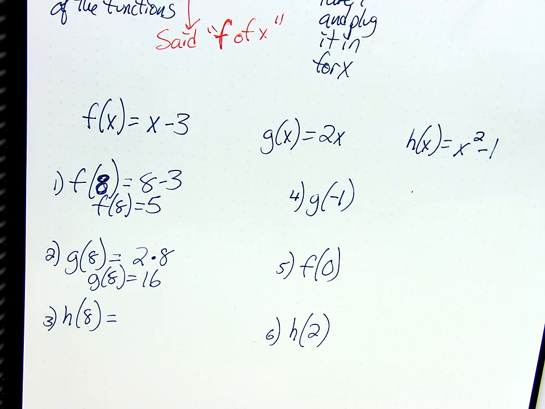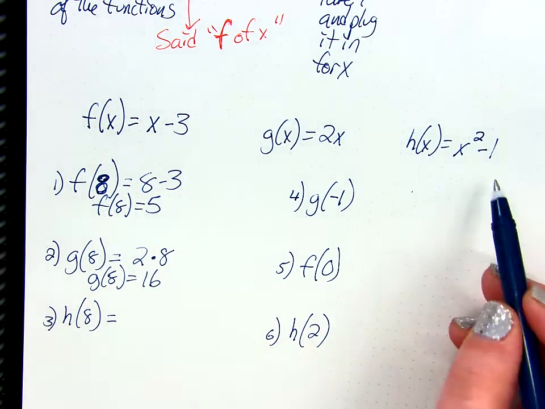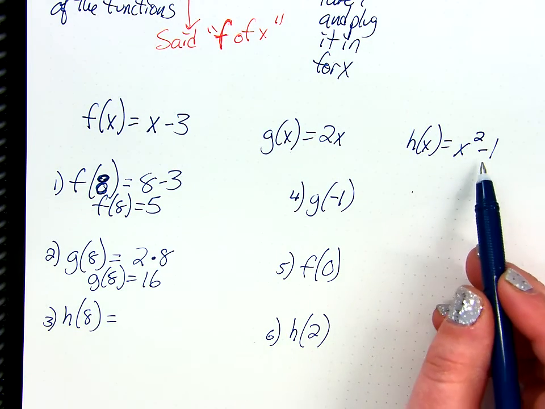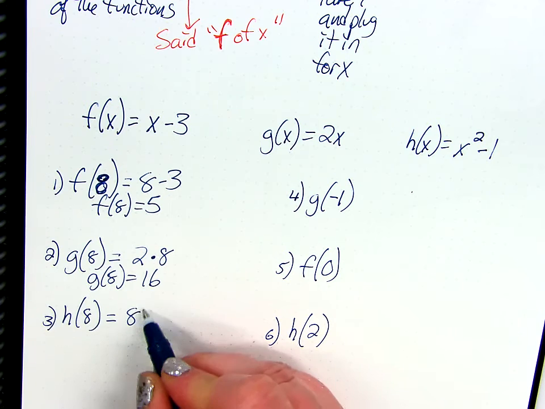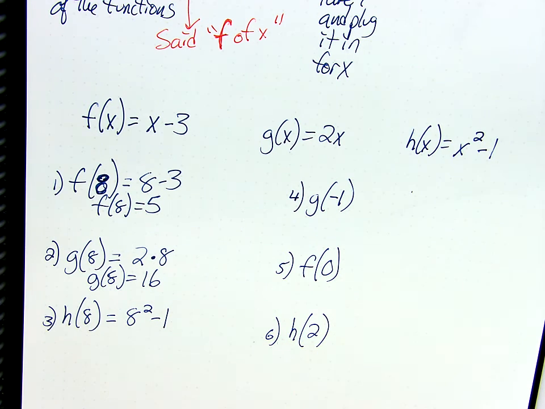H of 8. Who thinks they have this one? Ariel? 63. I agree. H of 8, because there's an h, it tells you to use this one. So now you just want to replace the x with 8. So you're going to do 8 squared minus 1.